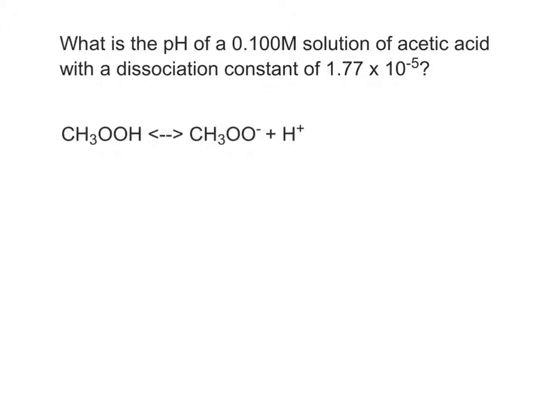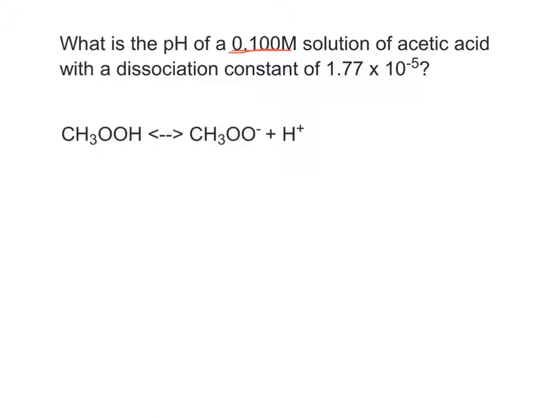But the difference, again, between strong and weak acids and strong and weak bases is that weak acids or bases don't dissociate completely, which means you cannot use the concentration of the solution in the logarithmic calculation. You have to use the log of the ion concentration, which is not the same as the concentration of the solution if it's not a strong acid or a strong base. So now what?